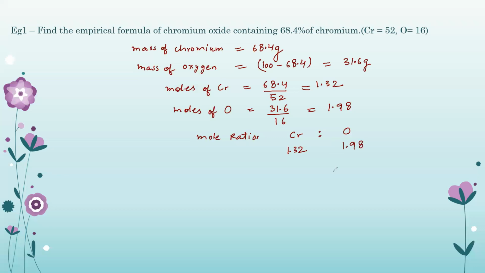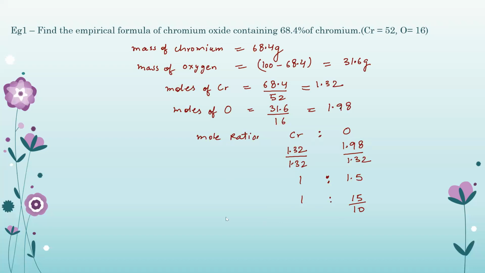So which is the smaller number? 1.32 is the smaller number. Divide the entire equation by 1.32. So 1.32 by 1.32, you will get 1:1.5. So see, the amount of atoms cannot be in the fractional number. It needs to be a whole number. Now, how to convert this into a whole number? 1.5 means 15 by 10.